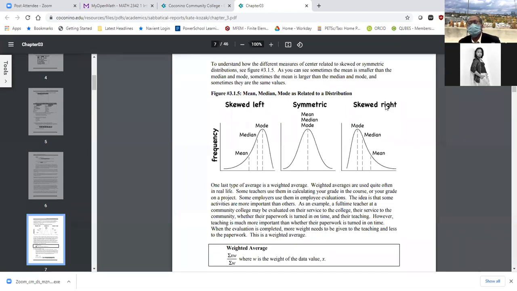For skewed right, the mode is the highest part on the left, then the median, and then the mean. That's why most of the time salary is reported using the median, because the median is in the middle all the time.